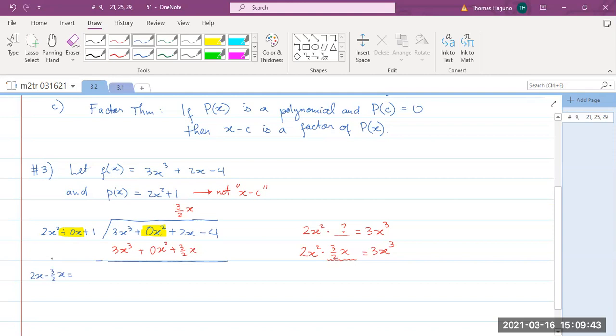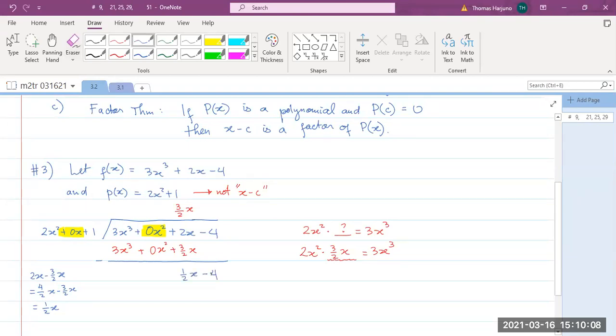What about 2x minus 3 halves x? That's 4 over 2 x minus 3 halves x, which equals 1 half x. So I get 1 half x here, minus 4.